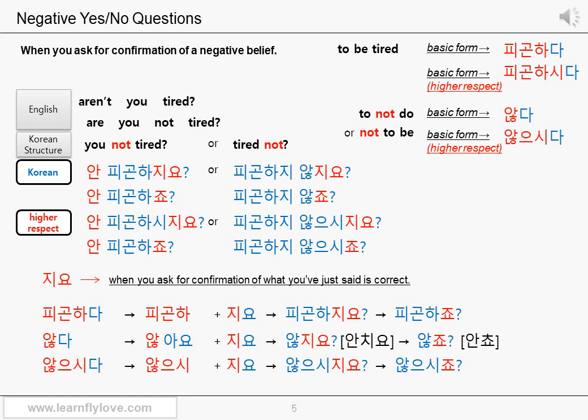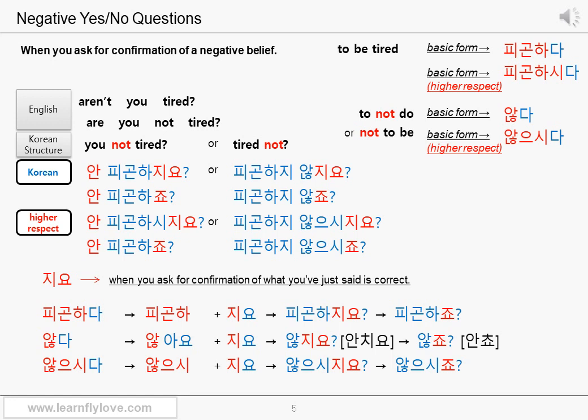This 지 sound is used to have the nuance of asking whether what the speaker has just said is correct. So, it's not just asking, but it's asking for confirmation of what you've just said is correct. So, when this 지 sound is used in a positive question, it sounds like asking for positive confirmation. And when it's used in a negative question, it sounds like asking for a negative confirmation.